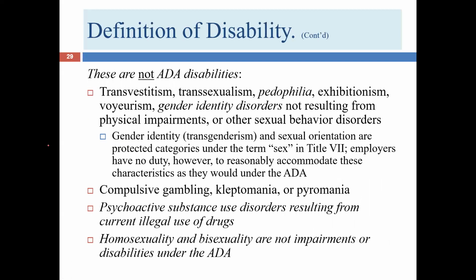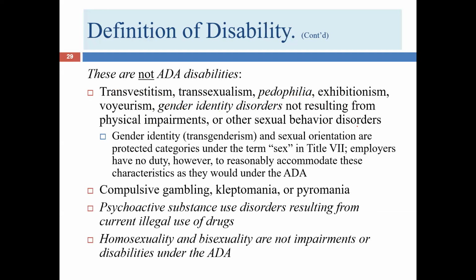So let's talk about some particular conditions that are excluded from the definition of disability under the Americans with Disabilities Act. So we'll see several sexual-related conduct situations: transvestitism, transsexualism, pedophilia, exhibitionism, voyeurism, gender identity disorders not resulting from physical impairments, and other sexual behavior disorders.